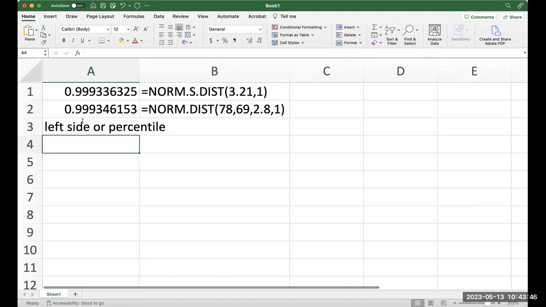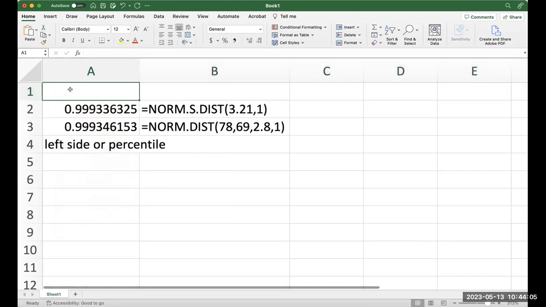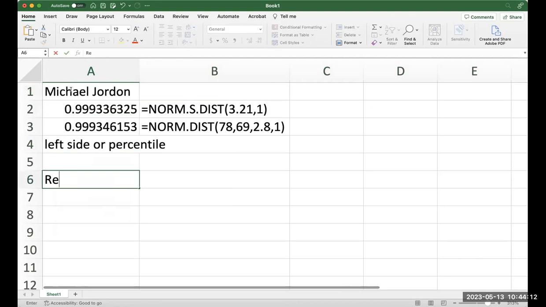Okay, we don't have too much time. Let's look at, well, I was going to get Rebecca Lobo. Let's just do Rebecca Lobo using this table then. So for Rebecca Lobo, this is for Michael Jordan. I want to do the same thing.